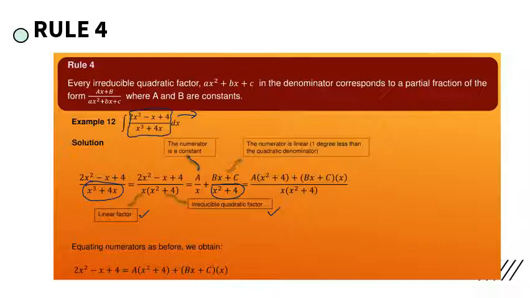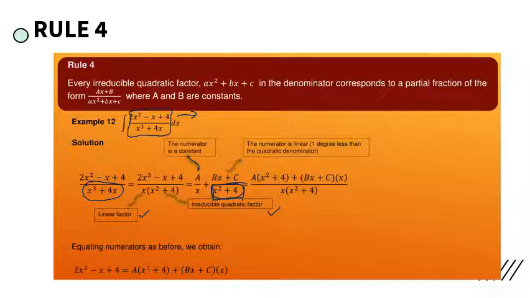The denominator part is quadratic, therefore the numerator must be linear.